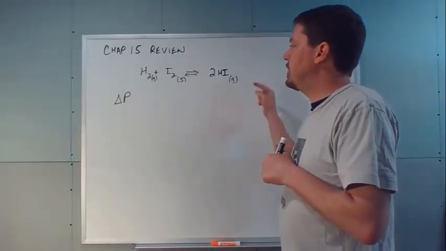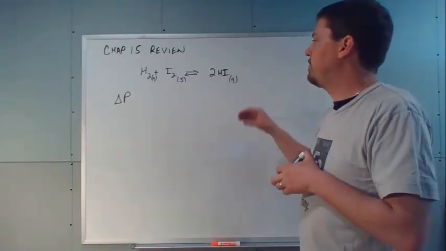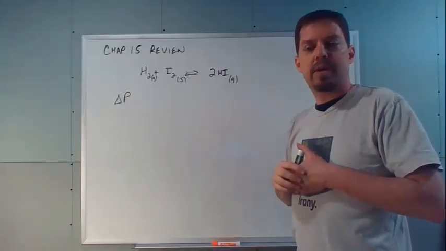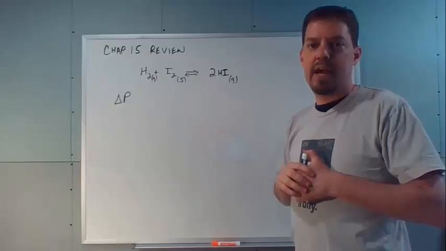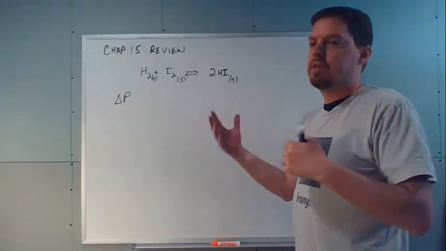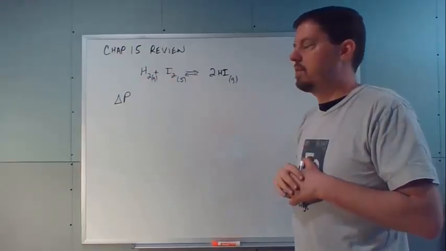So if I increase the pressure, in this case, it's going to shift it to the left, which means that I'm going to have less product, more reactant. All right, but the pressures are still going to equalize in a way that we're still going to get the same value for K, but we're shifting it so that we're going to produce more of our reactant and less of our product if I increase the pressure.